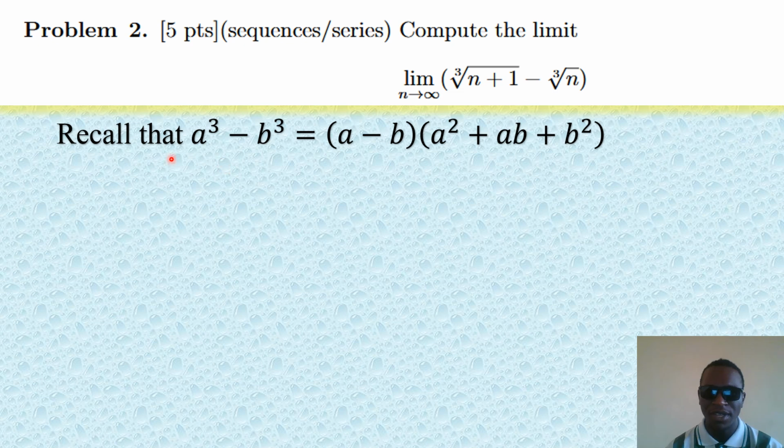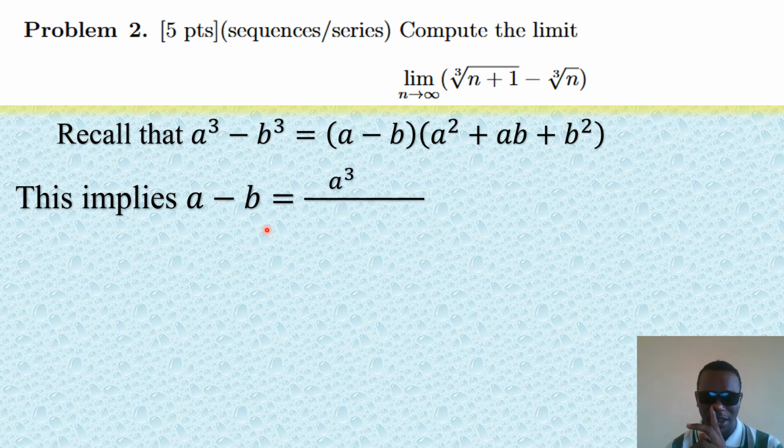So that we'll have to use this identity, to use this a minus b here, we'll divide both sides by a squared plus ab plus b squared. So doing that, we'll have a minus b to be equal to this divided by this, as you can see.